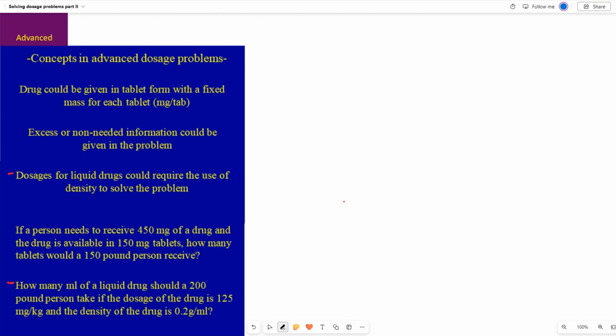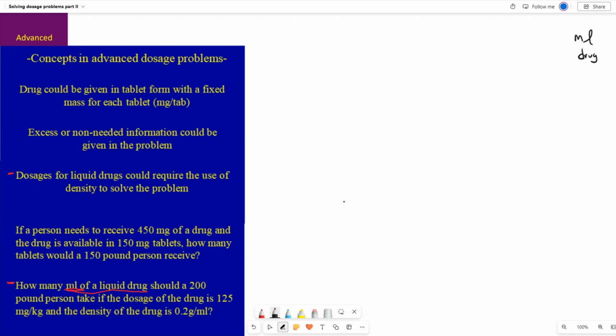So what are we being asked to find here? Milliliters of the drug. Okay, so we'll put that over here on this side. Milliliters of drug. And then we can fill out what the other pieces of information are that we're given.